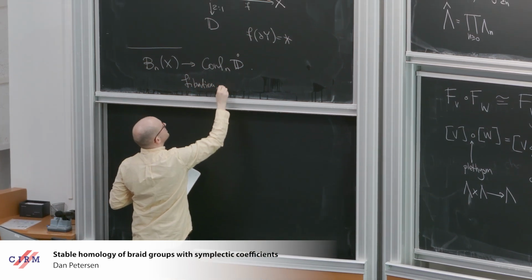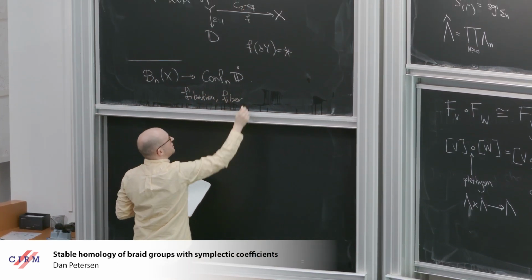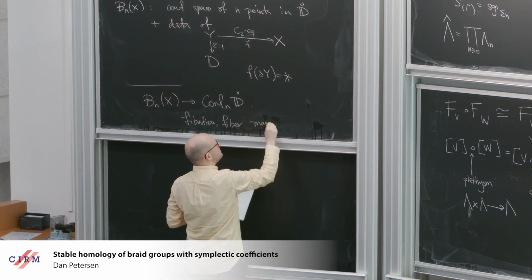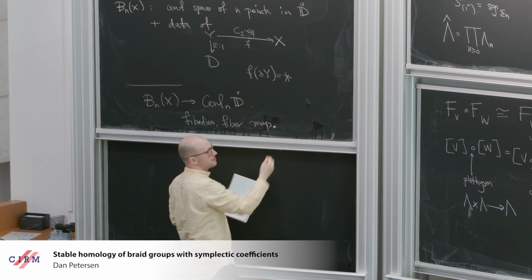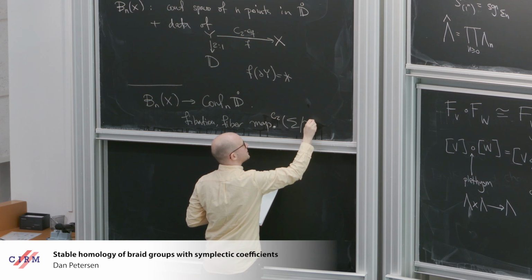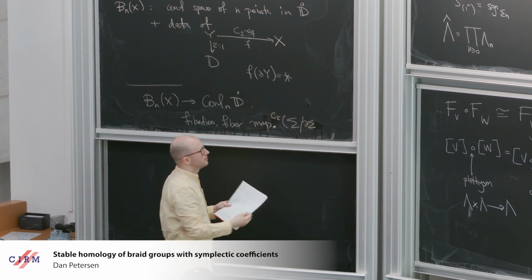And this is a fibration. And the fiber is a mapping space. So I look at based maps, C2 equivariant, from this surface relative its boundary to X.